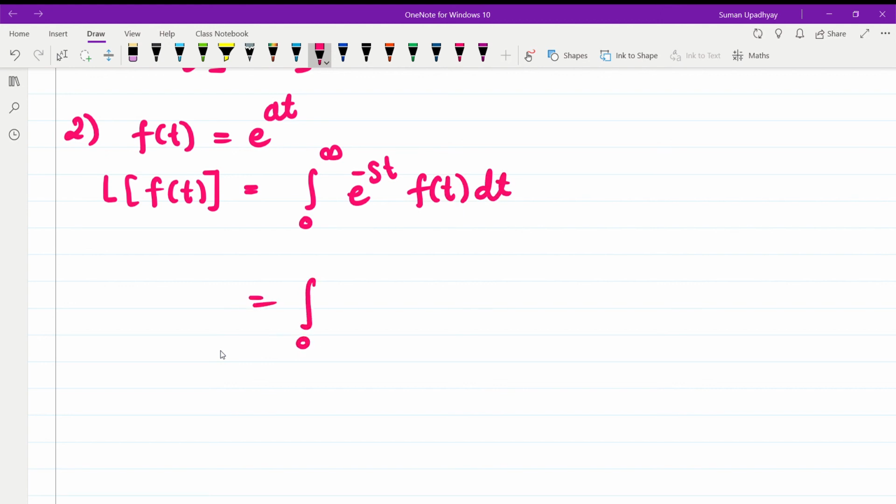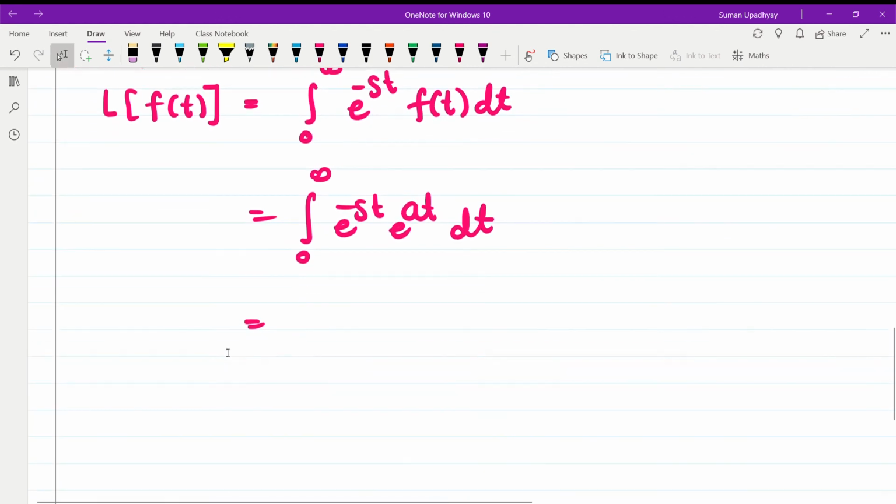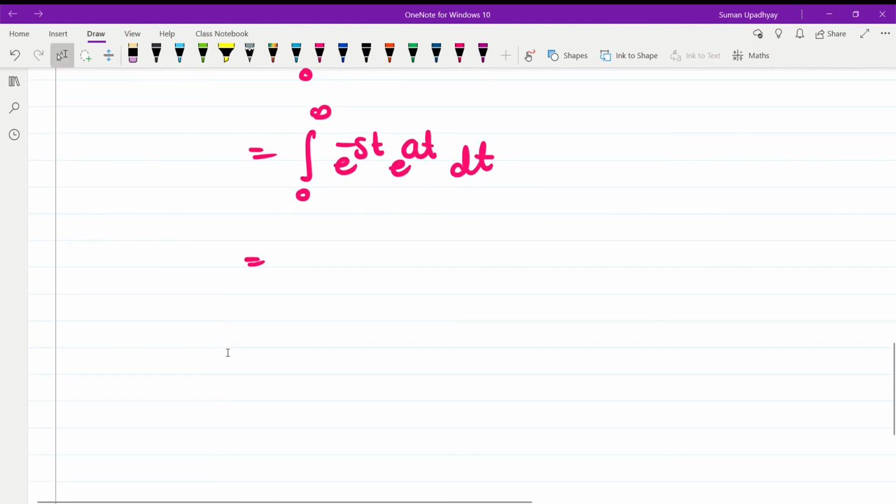Now your f of t over here is e raised to at, which I substituted in place of f of t. Now the base is the same, therefore the powers will get added. So next I am going to write integration from 0 to infinity e to the power minus st plus at.